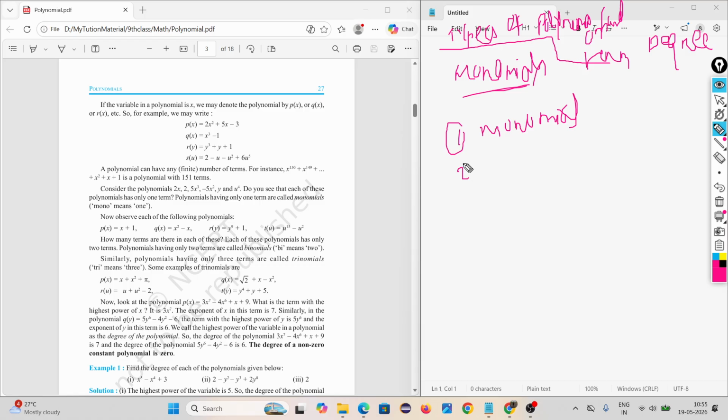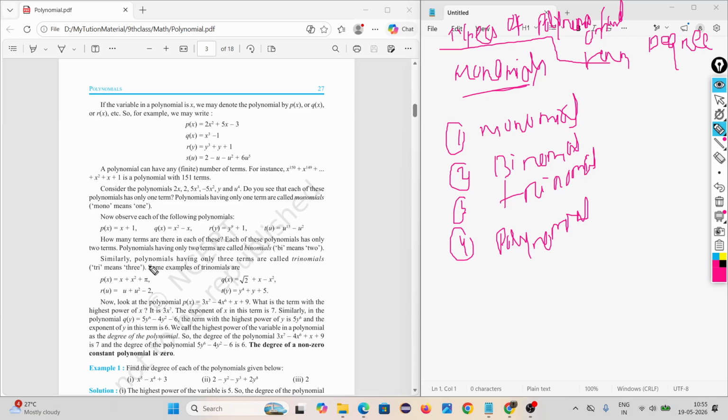Two terms, binomial. Three terms, trinomial. And more than three terms are all called polynomials.